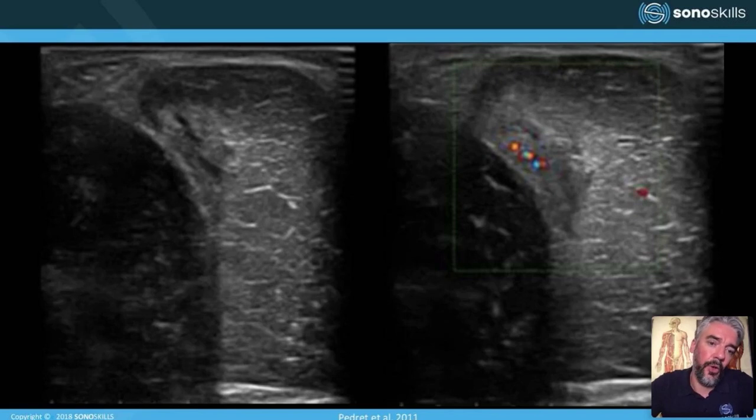And in this case, it's also a muscle tear strain of the latissimus dorsi muscle, and we can see some color Doppler activity in this strained area.